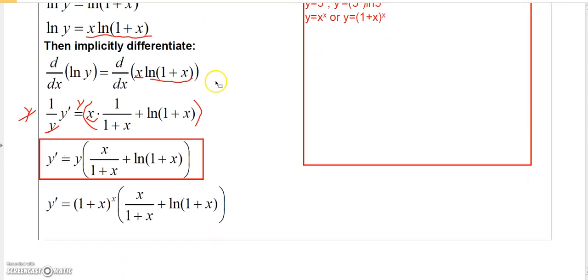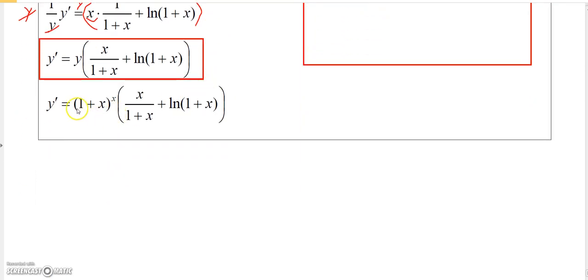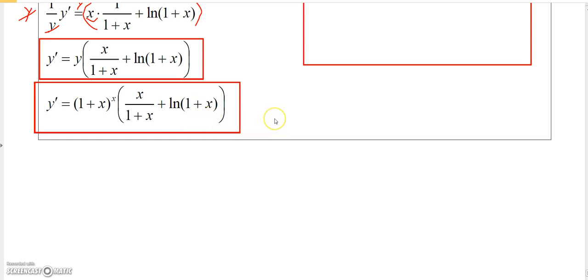So now we can go ahead and replace y with 1 plus x to the x power, and we get our final answer. y prime would simply be 1 plus x to the x power times the quantity x over 1 plus x plus the natural log of 1 plus x. And that, my friends, completes the conundrums over derivatives.